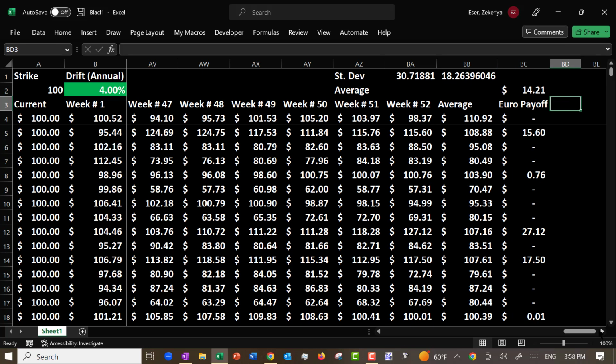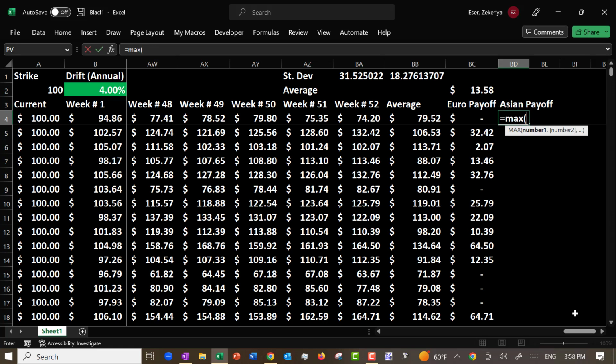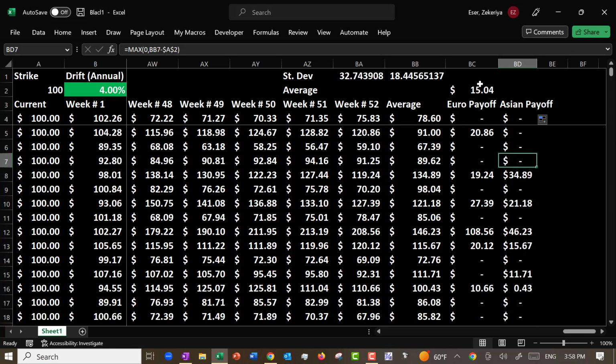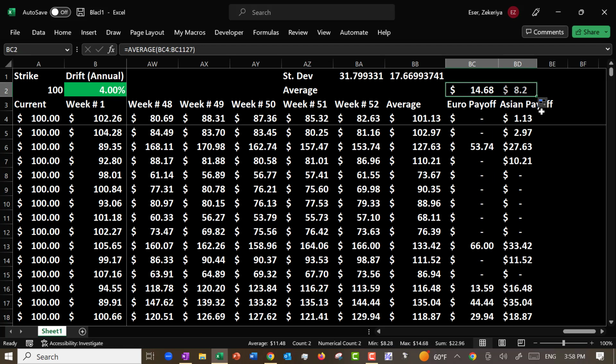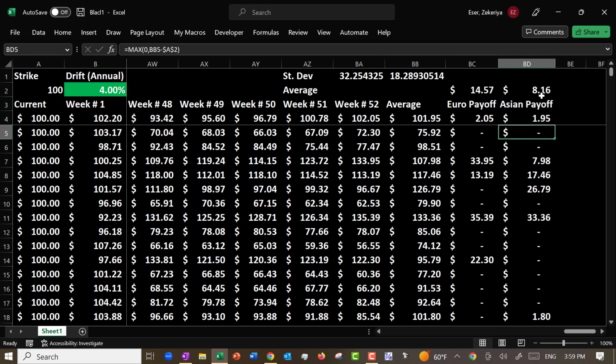Let's also calculate the Asian payoff. It's the max of 0 and the average price minus the strike. At least for this approximation, the Asian payoff is about 60% of the European payoff.